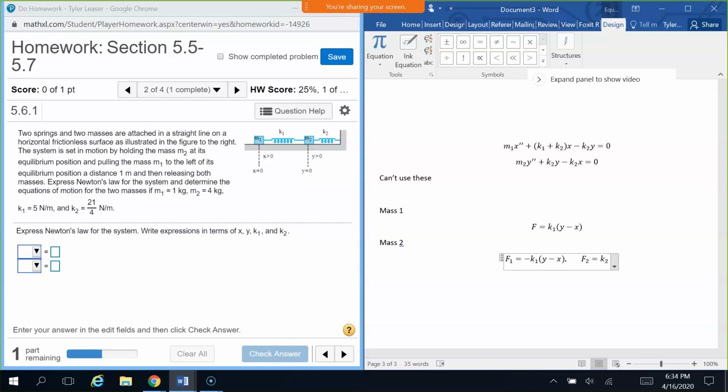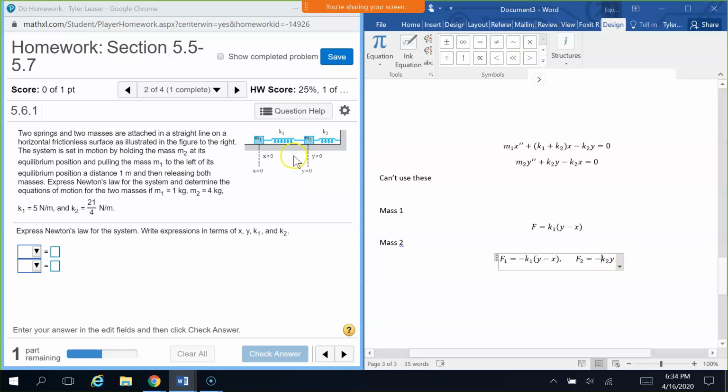That's acting on it from the right, K2, and we're looking at the distance y that the spring is. And it might have to be negative. I have to think about it. I think it is going to be negative.